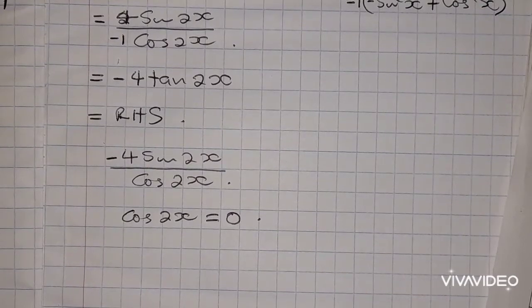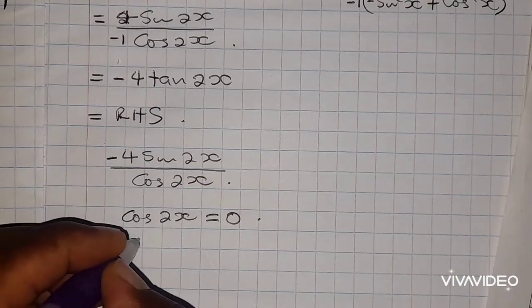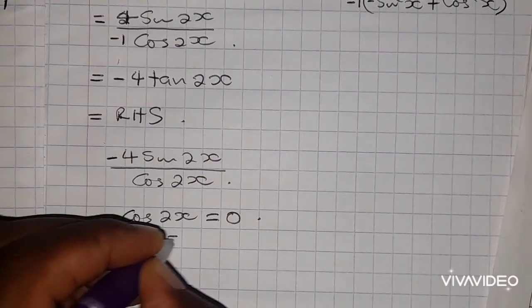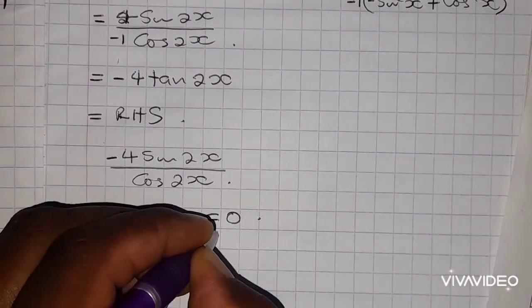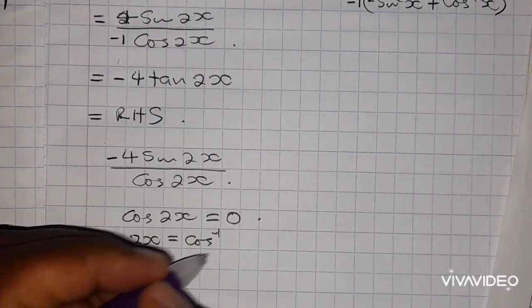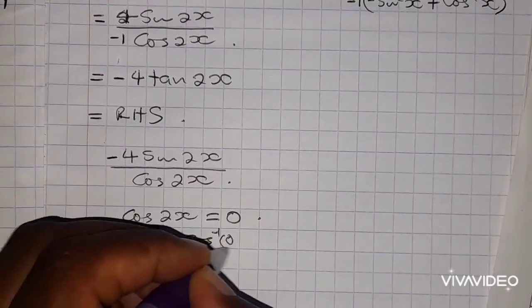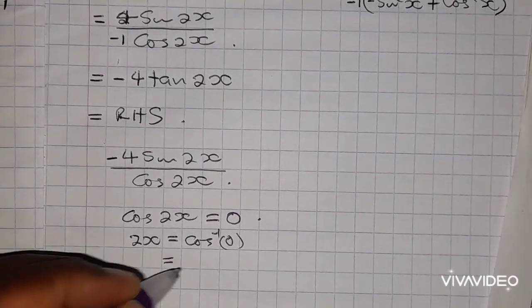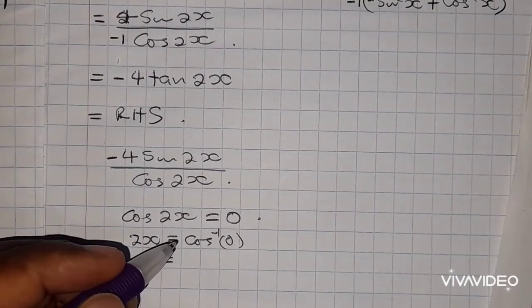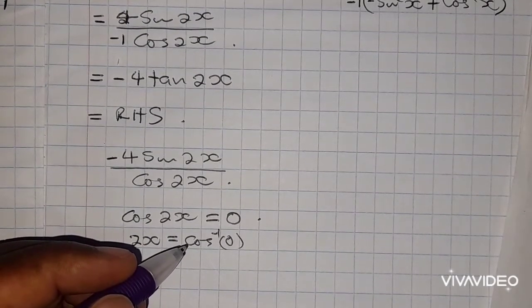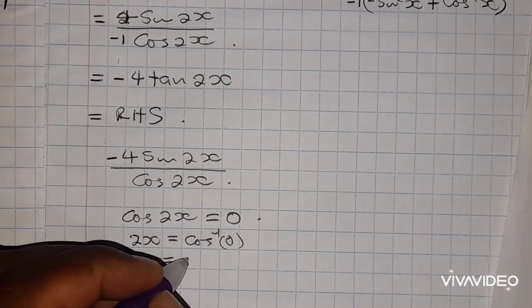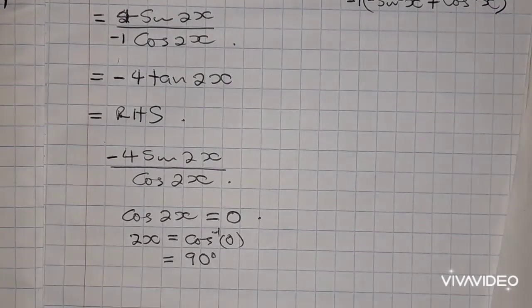How do you solve this equation? Let's look for the reference angle. 2x is equal to cos inverse of 0, and this is equal to 90 degrees.